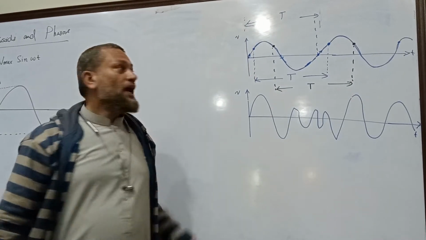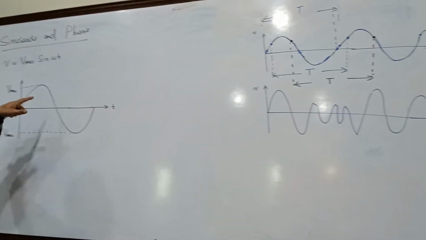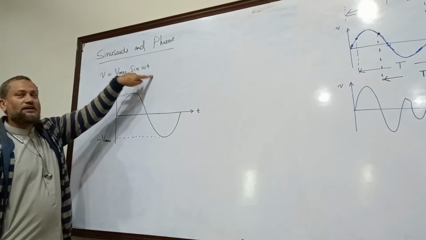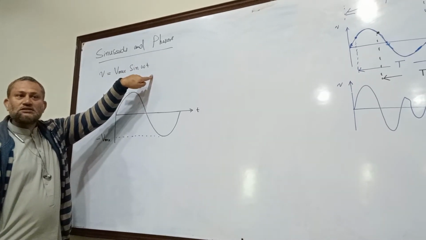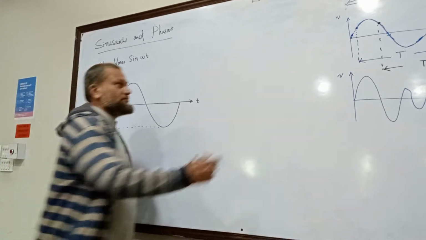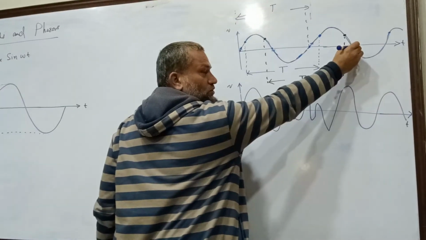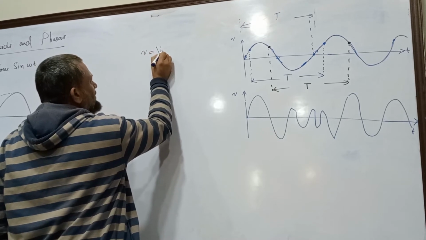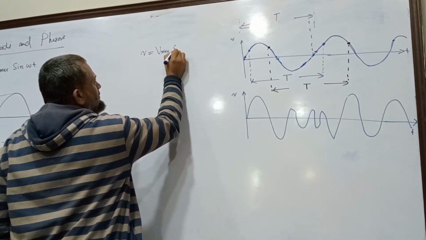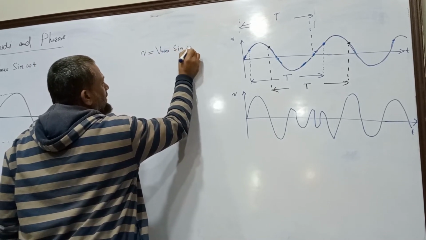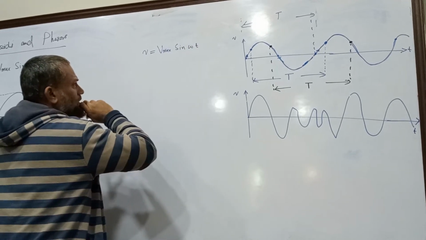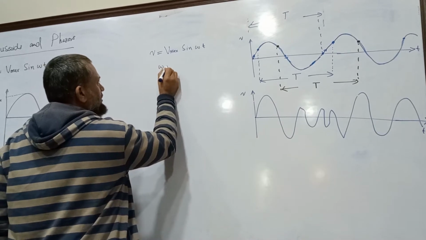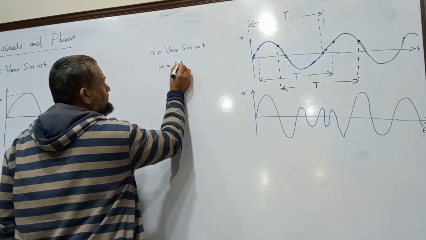And we can represent this sine wave with V maximum sine omega t, where t is the time. For example, V is equal to V max sine omega t. What is this omega? Omega is equal to 2 pi f.